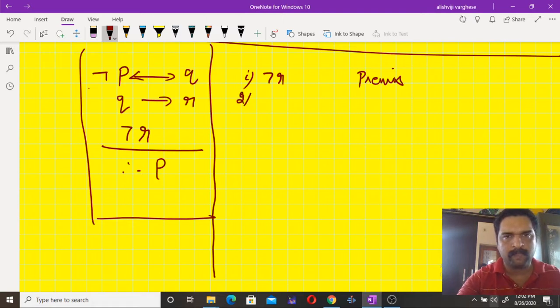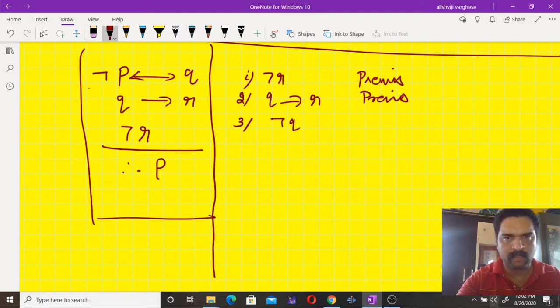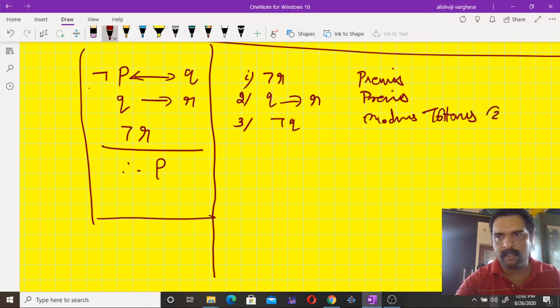Then second step, if we have negation R, then obviously negation Q is true, because we have the premise Q implies R, and negation R is combined with Q then R. Then as in the previous case, we can have negation Q. That is again by modus tollens and using the arguments 2 and 1.